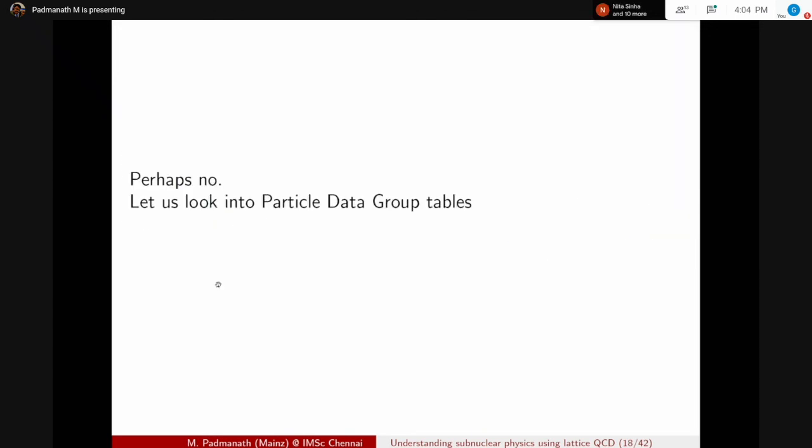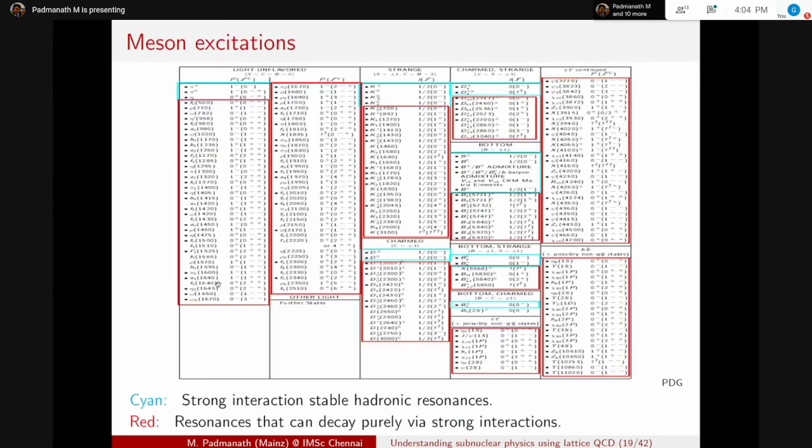Then I move on to looking into the PDG tables. A summary of meson excitations from the PDG. What I told you was primarily for those states that are inside these cyan lines. These are strong interaction stable hadronic resonances. That basically means they do not decay via the strong interaction; they need some other interaction like weak decay.